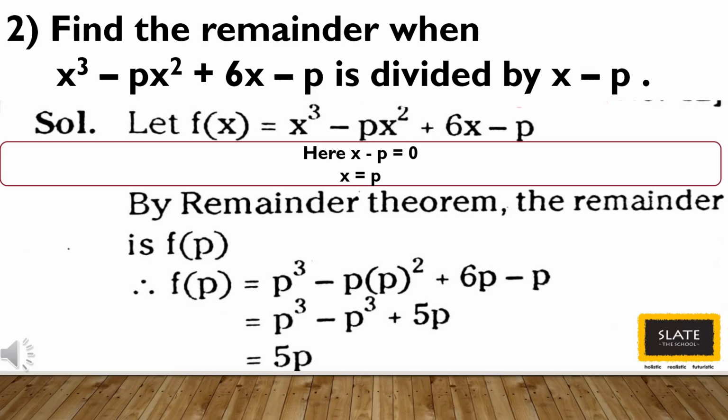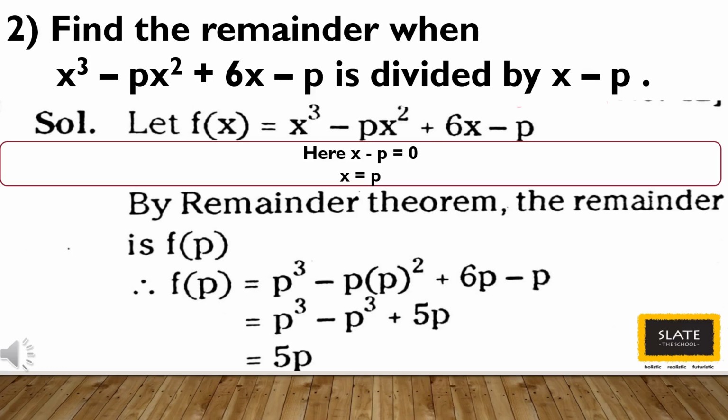By the remainder theorem, when f of x is divided by x minus a, f of a is the remainder. Now in this case, x minus p is equated to 0, so x is equal to p. To find the remainder, we need to find the value of the polynomial at x equal to p.